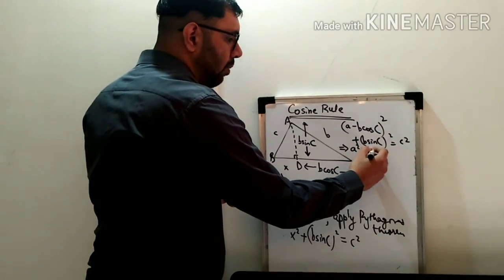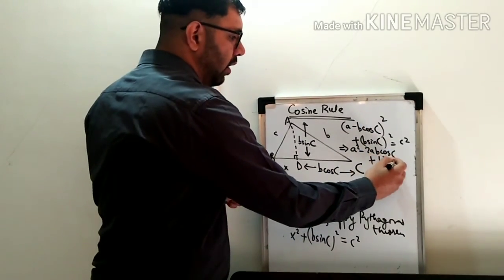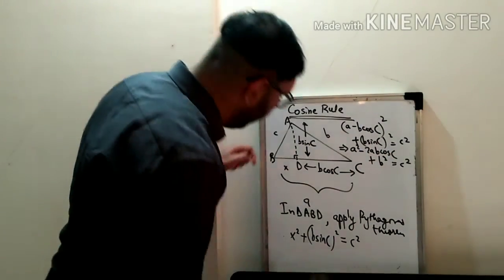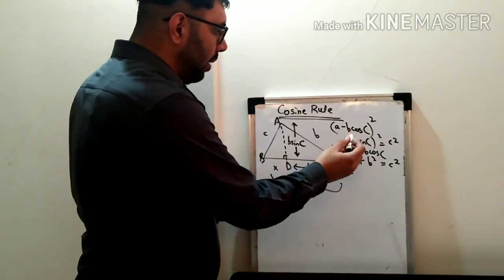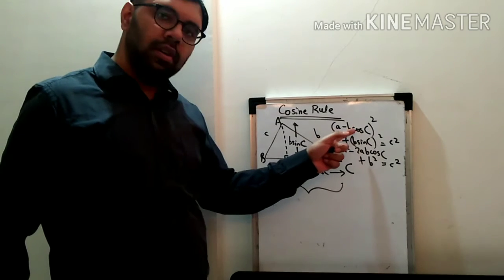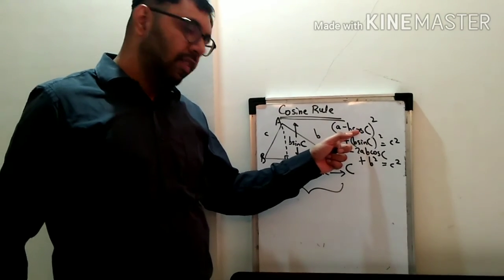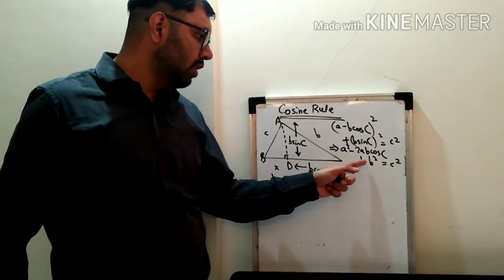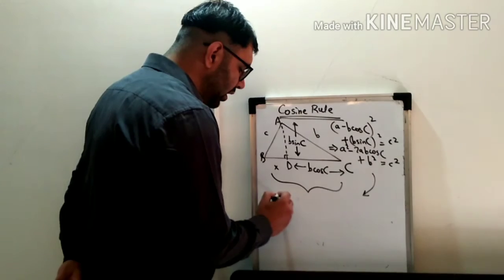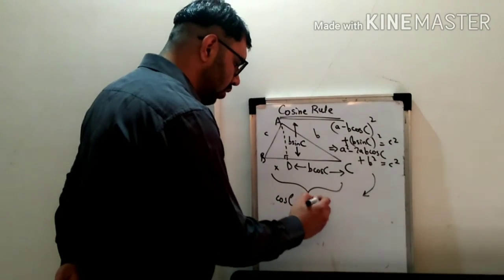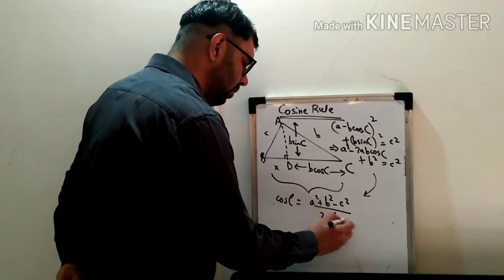Taking the square of this bracket, a square minus 2ab cos C plus b square cos square C. Combining b square cos square C with b square sin square C, I get b square. On rearranging the terms, I get the formula cos C is equal to a square plus b square minus c square upon 2ab.